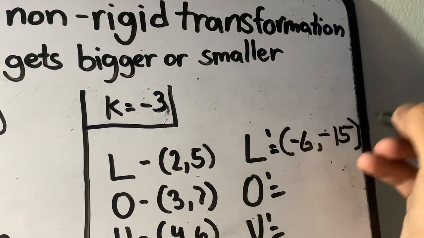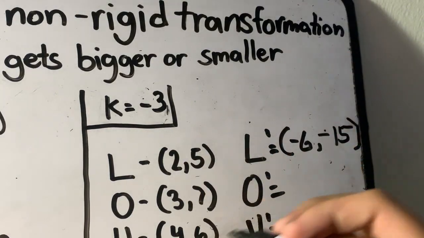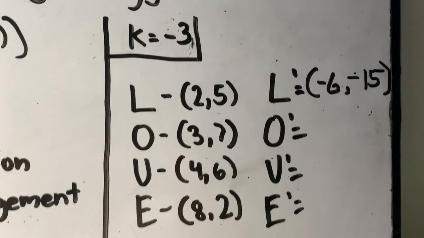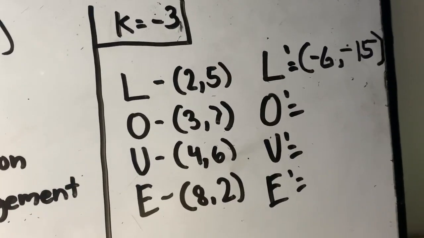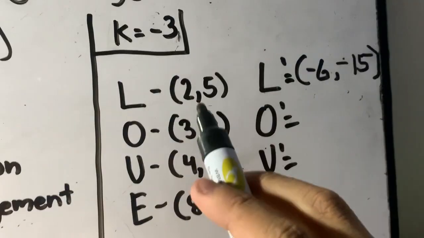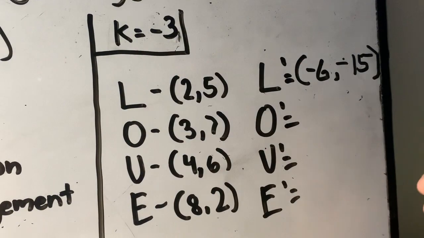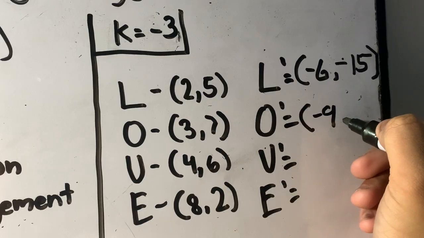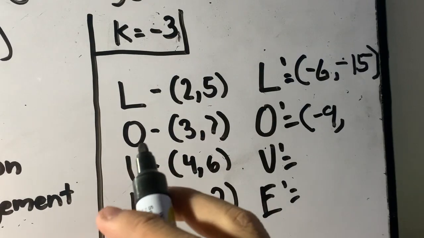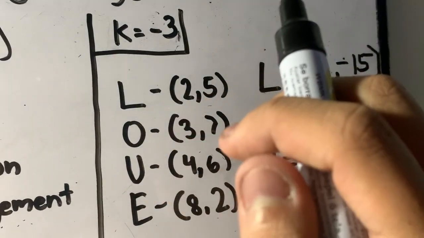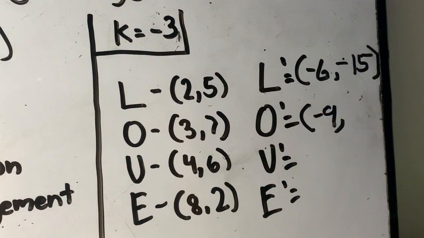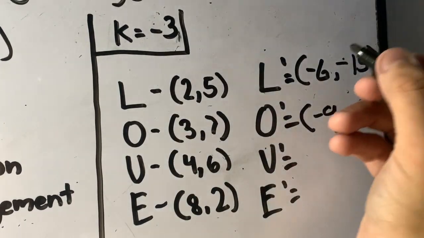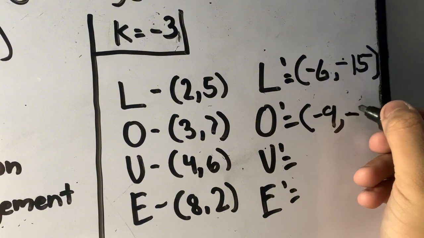That will be our L prime. Next, we have O equal to 3, 7. So 3 times -3 is -9, and 7 times -3 is -21.